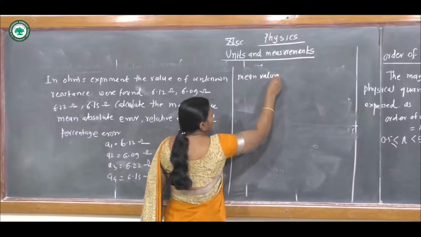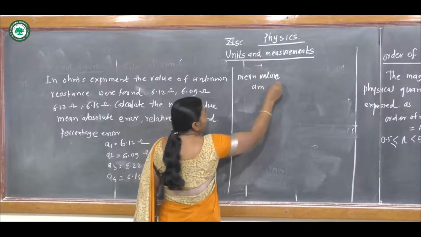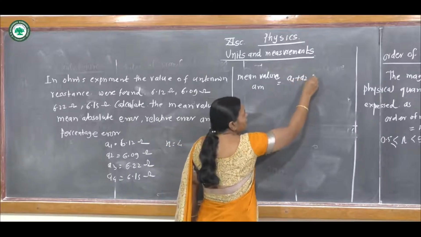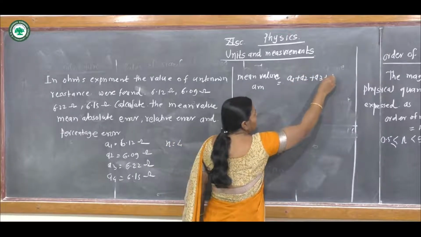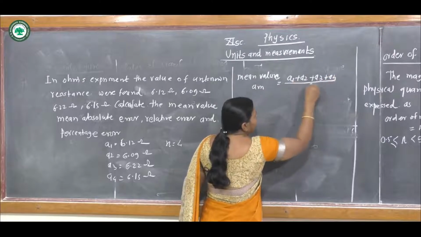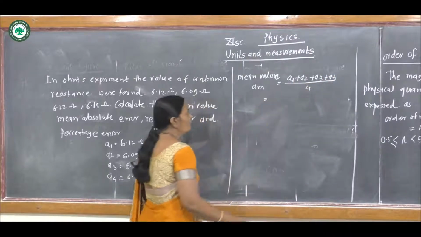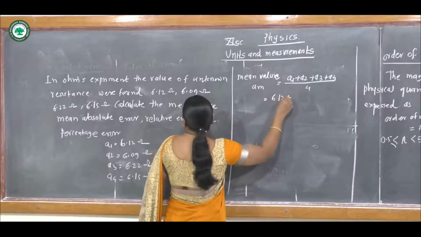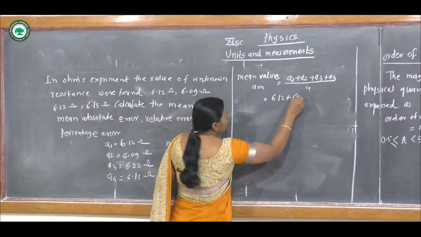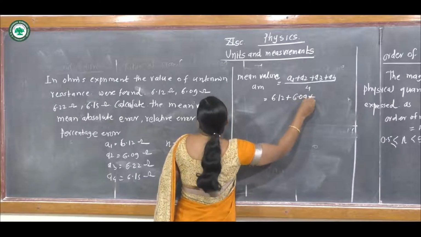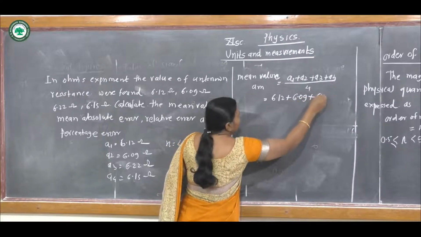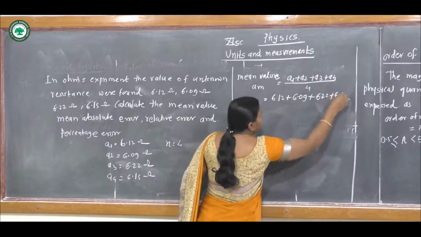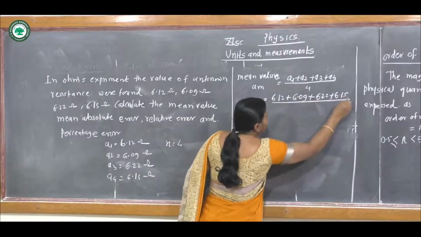Mean value is the arithmetic mean of these readings, that is A1 plus A2 plus A3 plus A4 divided by 4. Substituting the values, we get 6.12 plus 6.09 plus 6.22 plus 6.15 divided by 4.